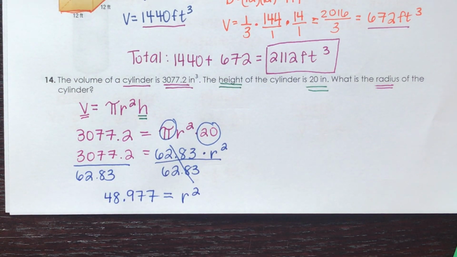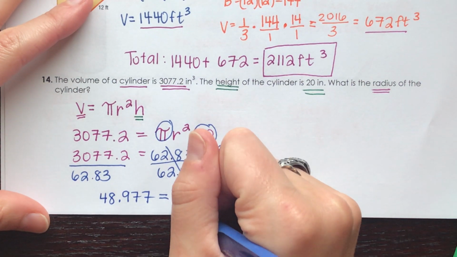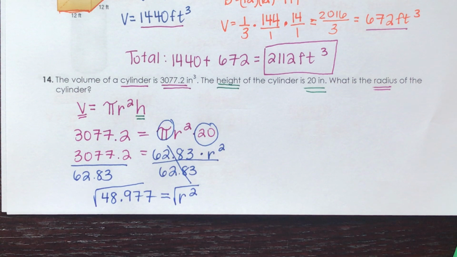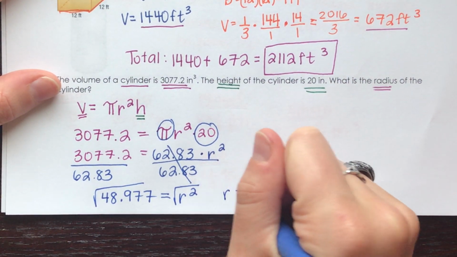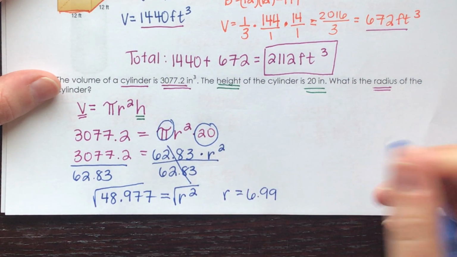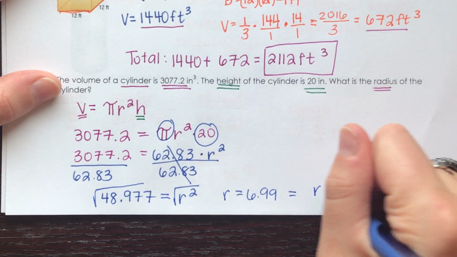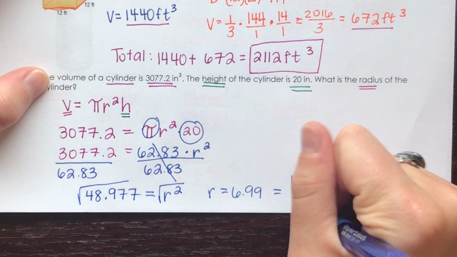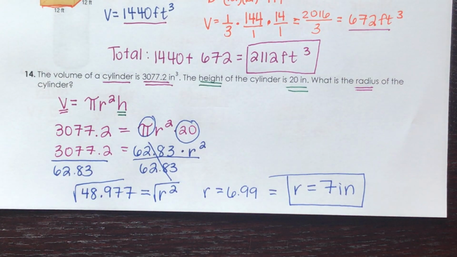That's great, but I still need to get the r by itself, so the last thing I have to do is take the square root of both sides. I get r is equal to 6.998, which is really my radius equal to 7 inches. Awesome.